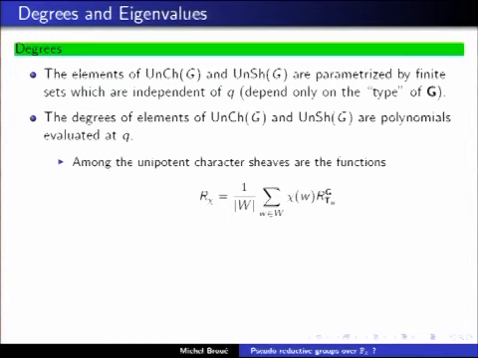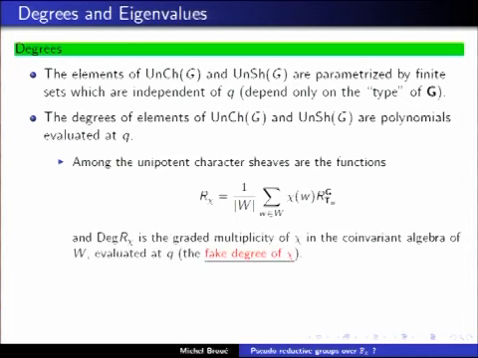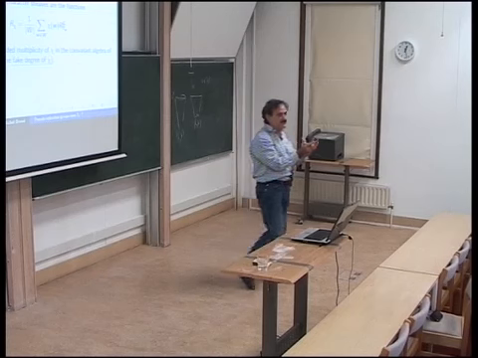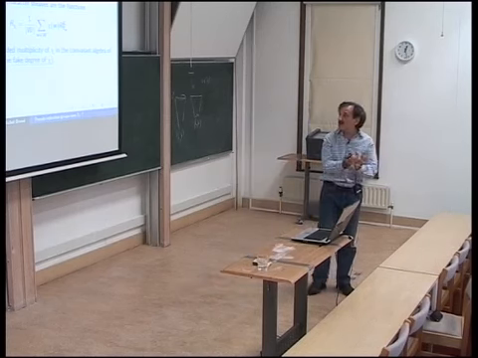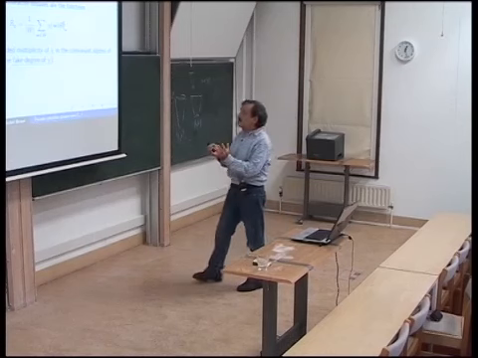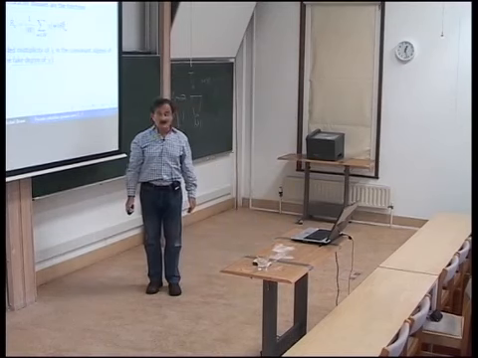And now if you compute its degree, namely the value of this class function at 1, you find what is called the fake degree, which is the multiplicity of chi in the coinvariant algebra of W. I don't want to be too technical, but I quote it to show you how this geometrical object, the unipotent character sheaf, its degree, etc., can be computed in purely combinatorial terms using the Weyl group. They are the graded multiplicity of chi in the coinvariants of W.